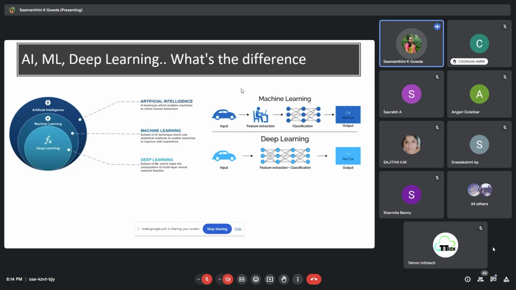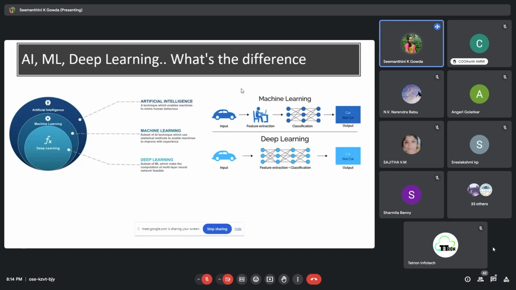And later on, we start mimicking the human brain. When we mimic the human brain, we use the concepts of deep learning. What does deep learning indicate? As I said, we mimic the human brain. Our brain is full of neurons. Neurons are cells which are interconnected to form our brain. Each cell of a neuron is represented in the form of an artificial neuron, and these neurons are processed to form the concepts of deep learning.